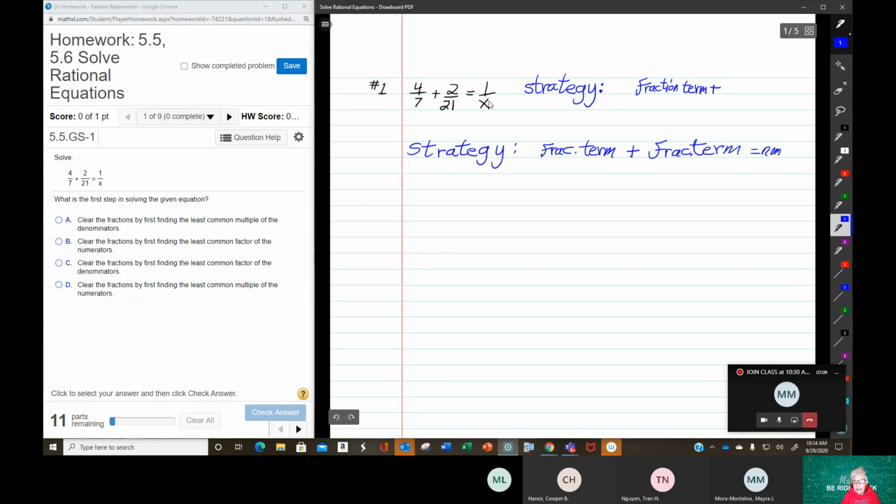It could be a fraction like up here. You are going to use the same exact strategy to solve this problem. In fact, you use the same exact strategy to solve any fraction problem.